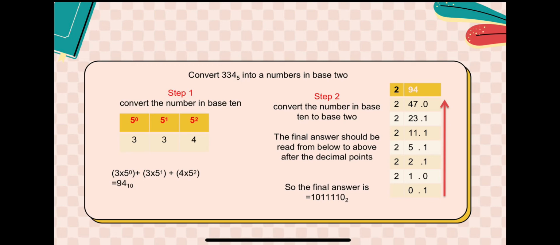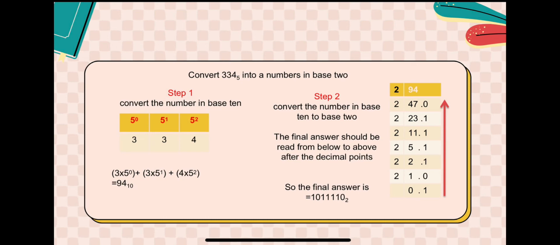After we get the answer in base 10, we have to divide the number in base 10 by the base that we want. Here we have the number in base 10, and the question asks us to change it into base 2. To change it to base 2, we divide the number by 2.